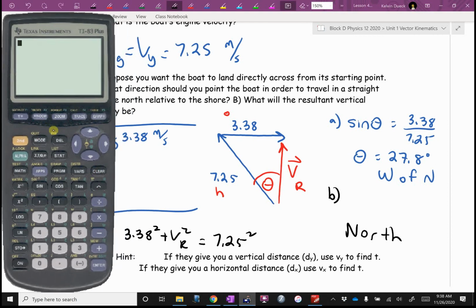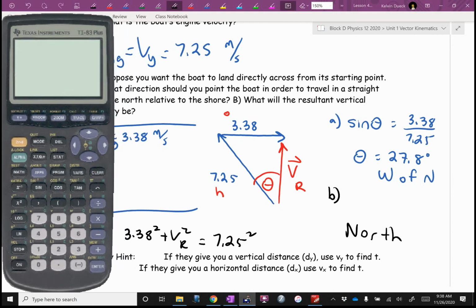Tell me what we're subtracting or adding. Subtract the 3.38 squared. Okay, so it's going to be 7.25 squared minus 3.38 squared equals what? Oh, square root. Don't forget that. If this was multiple choice, would I have 41.1 as one of the answers to pick from? Yeah. 6.41.